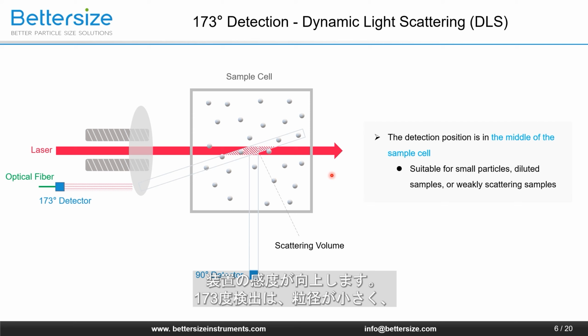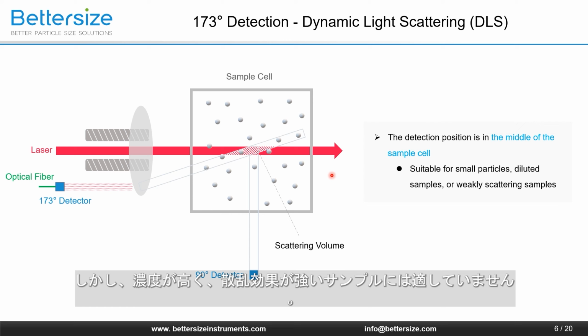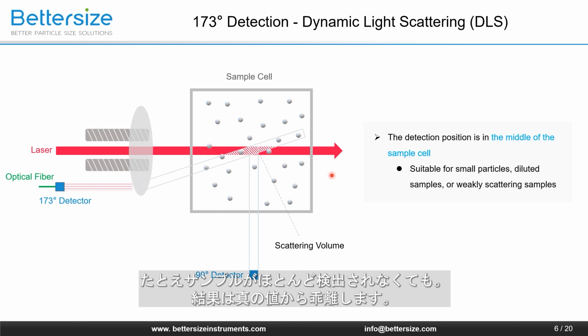It has better detection ability for dilute samples, which have smaller sizes and weaker scattering effects. However, the detection is not suitable for samples with extremely high concentrations and very strong scattering effects. Even if the sample is barely detected, the result will deviate from the true value.